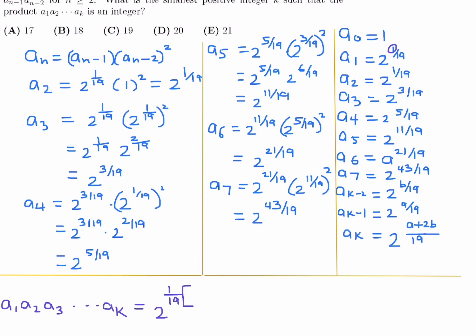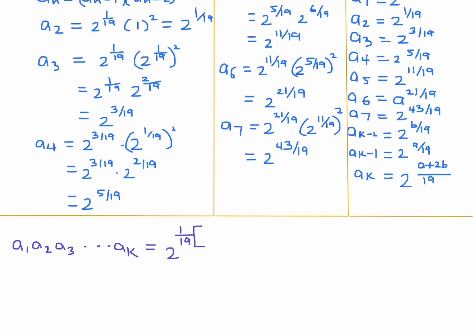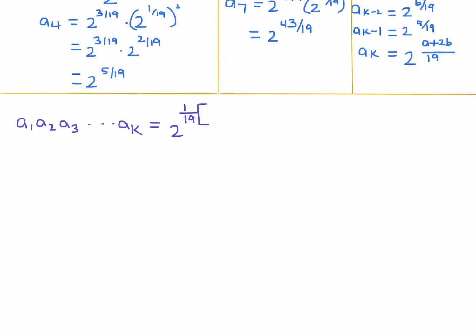You're just going to add them, right? Because when you're multiplying these numbers, you're going to be adding the exponents. Simple exponent law. So it's 1 plus 1 plus 3 plus 5 plus 11 plus 21 plus 43. These are the ones we've already figured out.